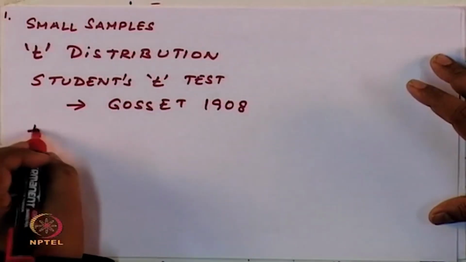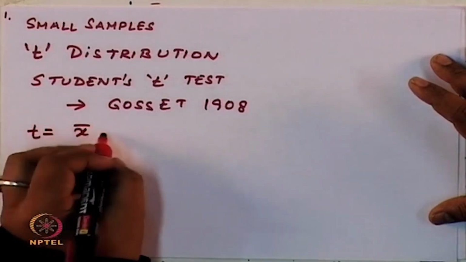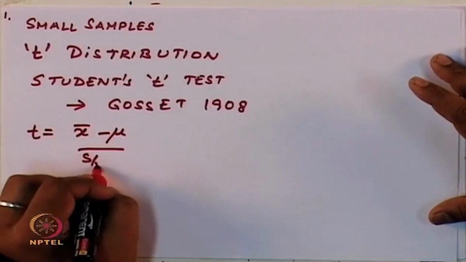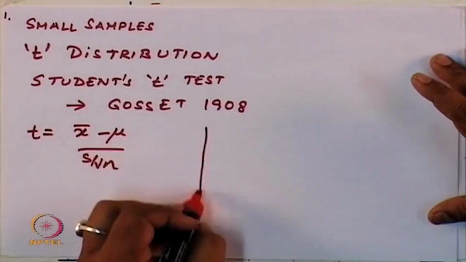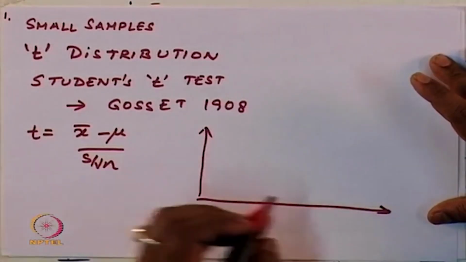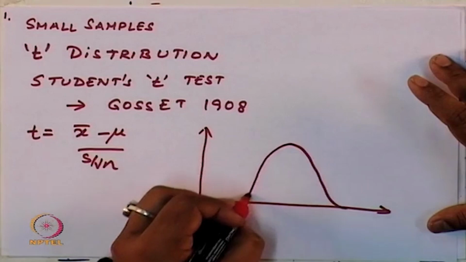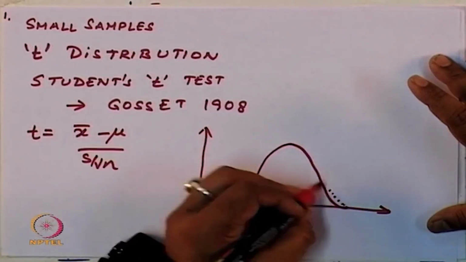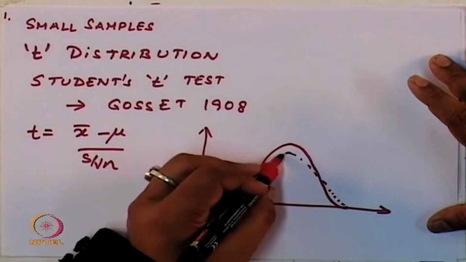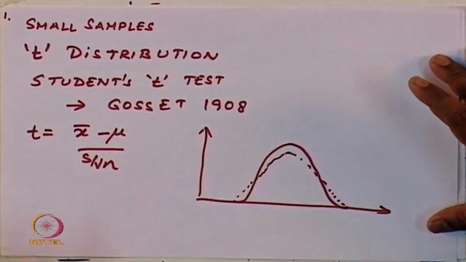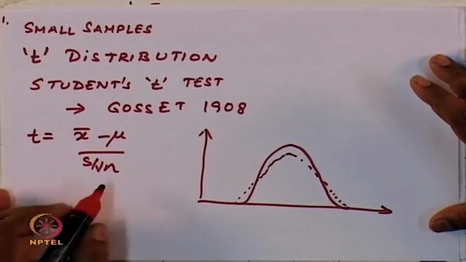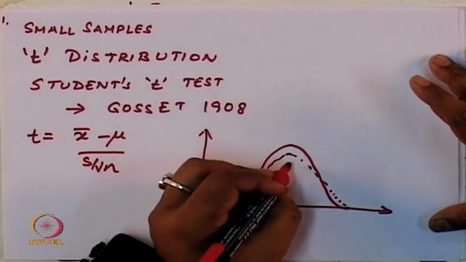What you do is you calculate the t statistics given by this expression, and what you will find is that, compared to the normal distribution, the t distribution is much flatter. But as your n increases, the t distribution approaches the normal distribution.